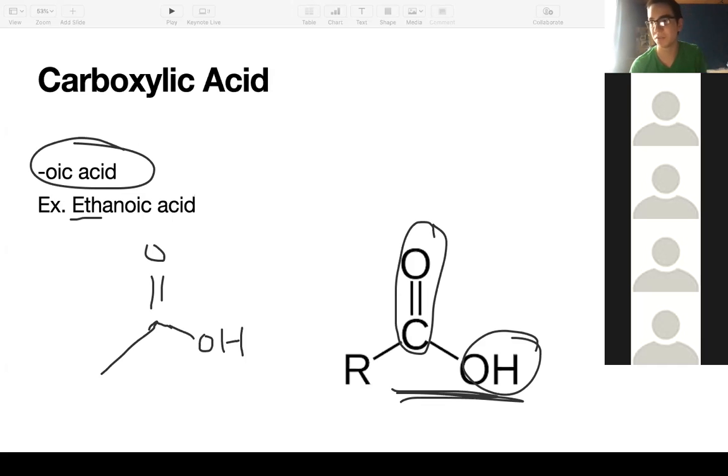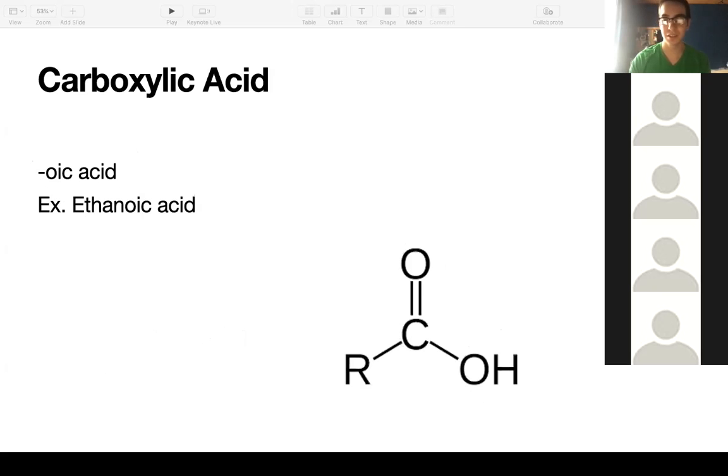The reason it's not formanoic acid is because that's not what the chemists of old called it. They called it formic acid before they came up with IUPAC naming, standardized naming. It's kind of like an answer, but not an answer. But that's just what it's called. No, I get it. Thank you.